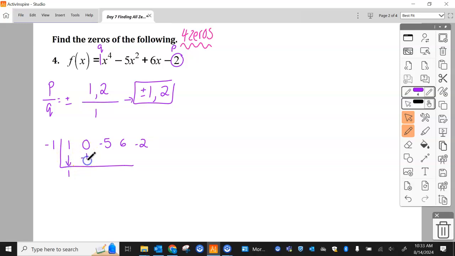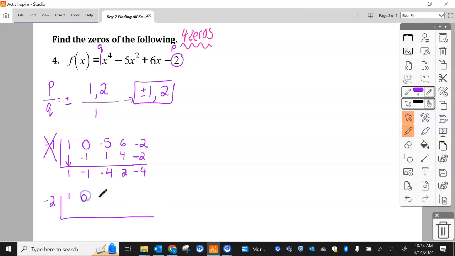1, negative 1, negative 1, 1, multiply, add, multiply. Oh, nope. Okay, so negative 1 is not an option. All right, let's try negative 2.